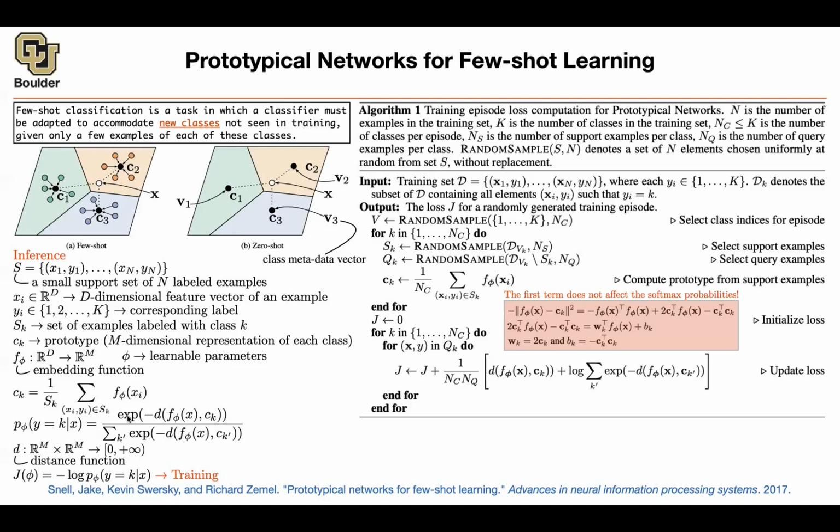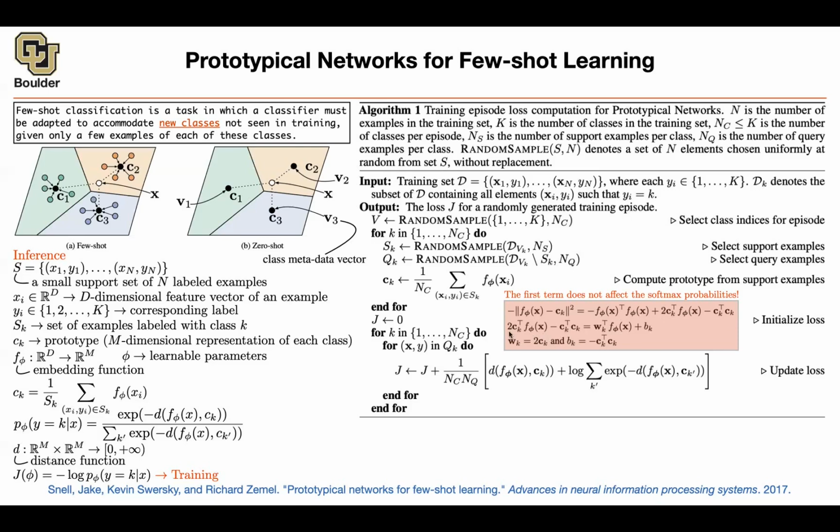It doesn't depend on C. The summation here is over k's. It is basically the summation over your C's. This term is exponential of that term. The exponential of the same term is inside all of the terms in this summation. You can take it out, and then you cancel it with the numerator. So the same term is showing up in the numerator and the denominator. So this guy doesn't affect the softmax probabilities. It just cancels out. It means that it's enough to look at the other terms here.